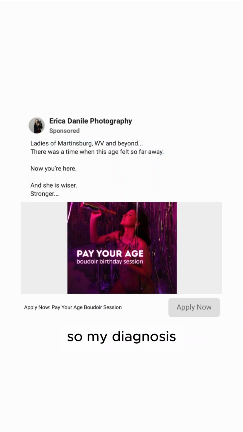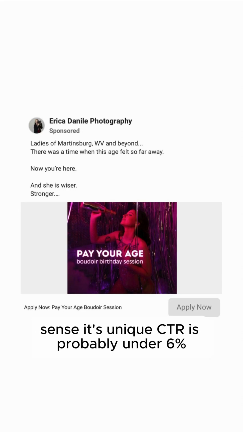All right, so my diagnosis. Yes, I believe this boudoir Facebook ad has BLCS, aka boudoir low click syndrome, and its unique CTR is probably under 6%.